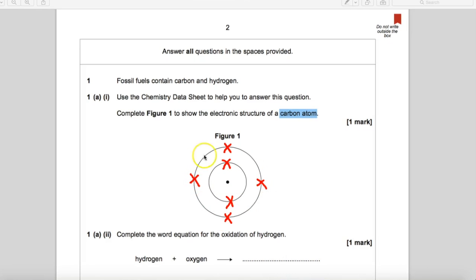There, perfect, 6 electrons. That is a carbon atom. If there are more electrons, after filling those outer 4, there's still 4 electron spaces here, here, here, and here. So you'd start putting crosses there as well until you have the full 8. But of course we don't, we've only got 6, and there is our full answer. If you did that in the exam, you'd get the full mark.